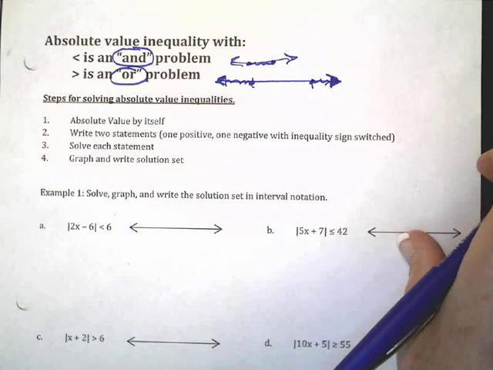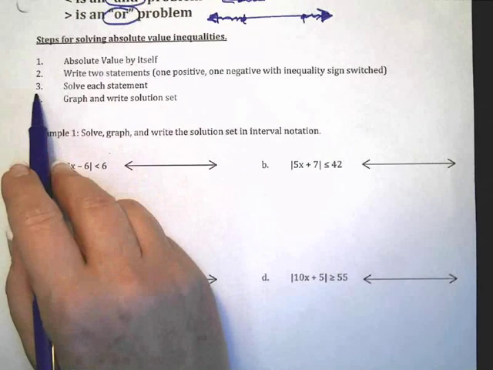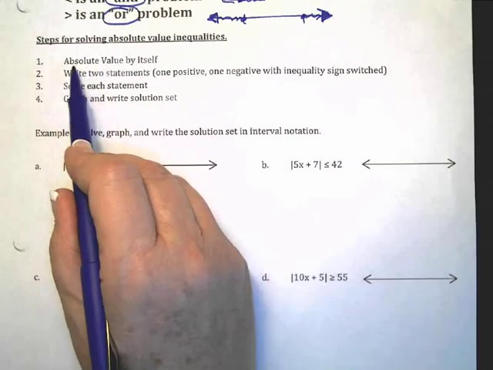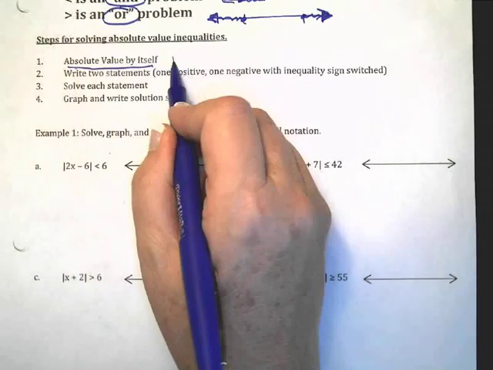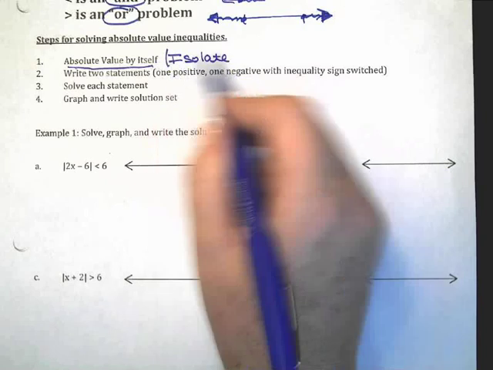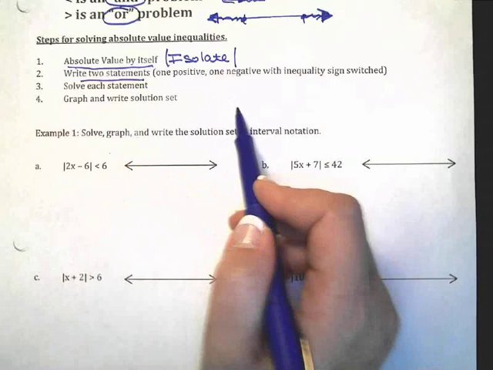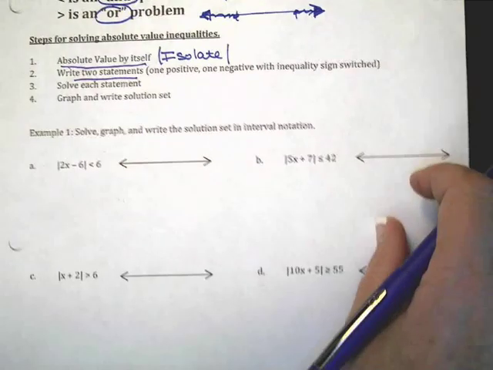So with our absolute value inequalities, let's look at the steps. We're going to first get the absolute value by itself. So we need to make sure we isolate the absolute value first, just like we did on the equations. Then from here we will write two statements, and we'll talk about how to write those two statements.